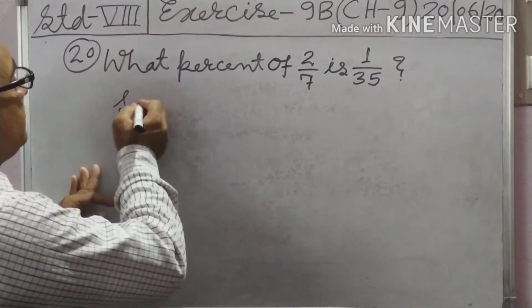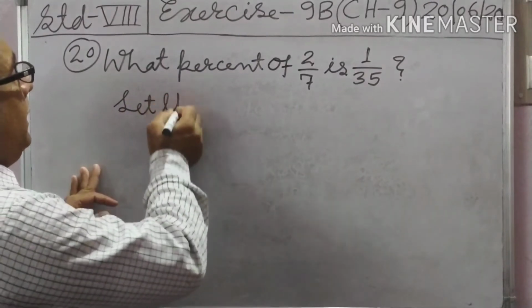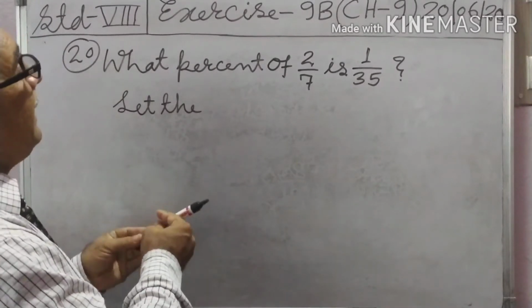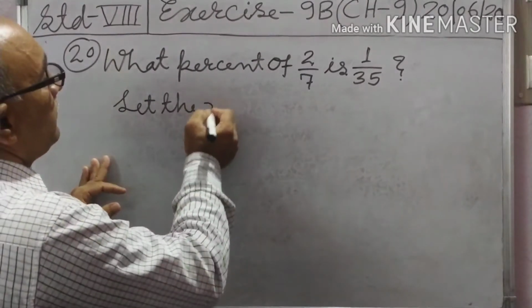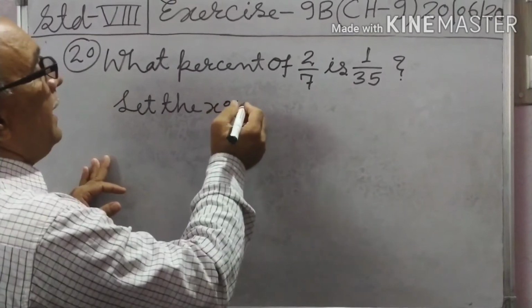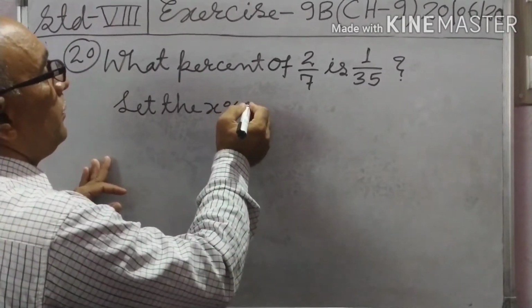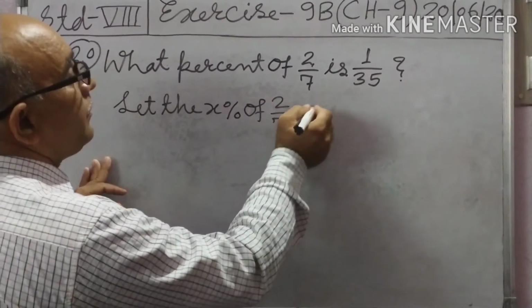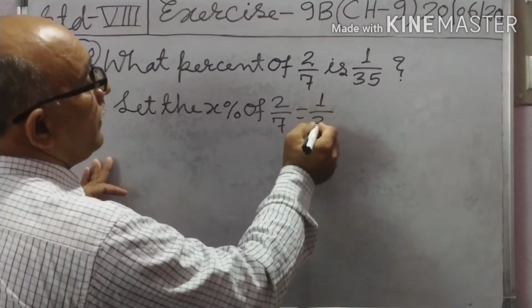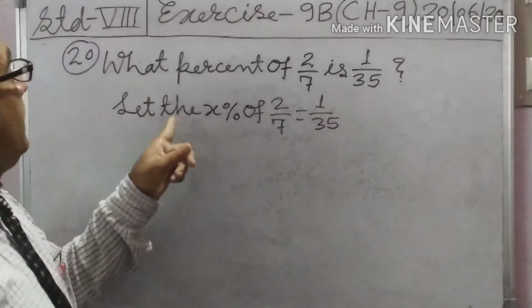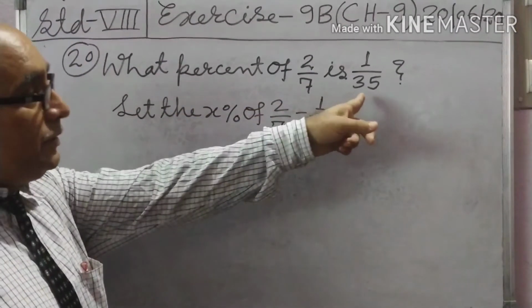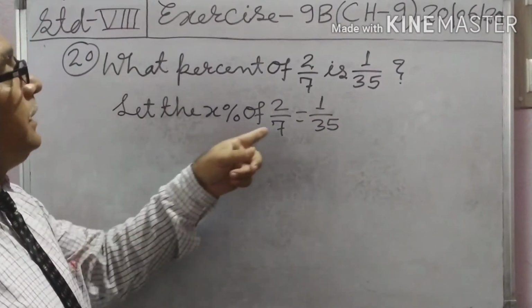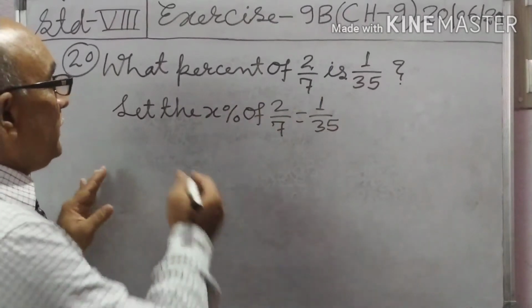Let the x percent of 2 by 7 equal to 1 by 35. What percent of 2 by 7 is 1 by 35? Let the x percent of 2 by 7 is 1 by 35.